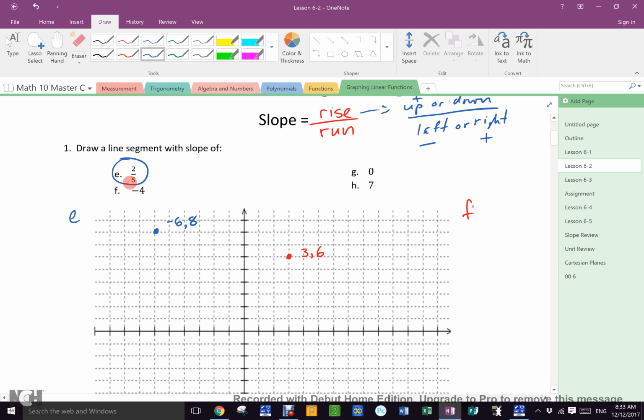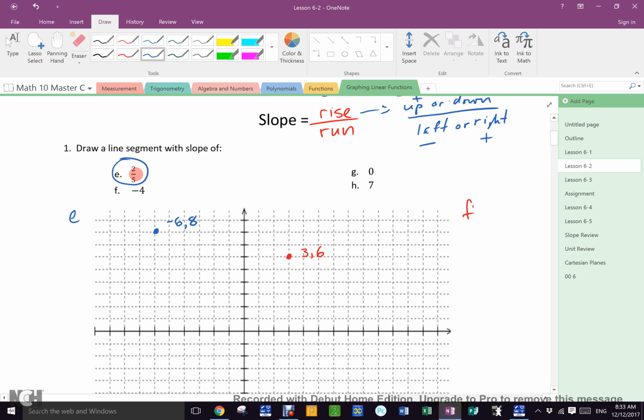Positive. Rise over run. Now, where I have drawn my slope, can I rise to, or am I off the graph? I'm off the graph. So I cannot rise +2. What can I do? I can rise -2, which would be down to here.